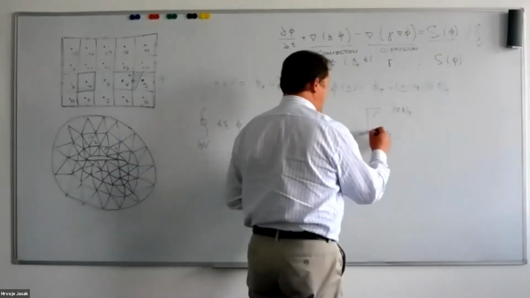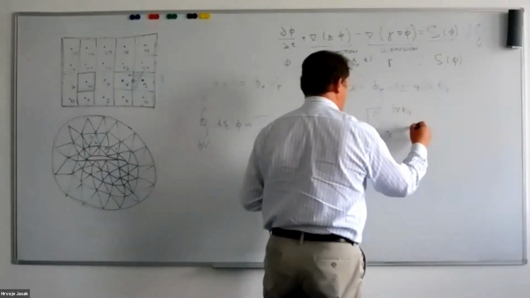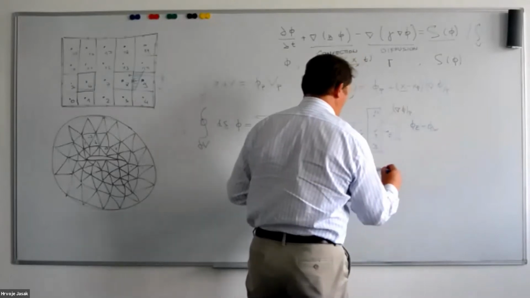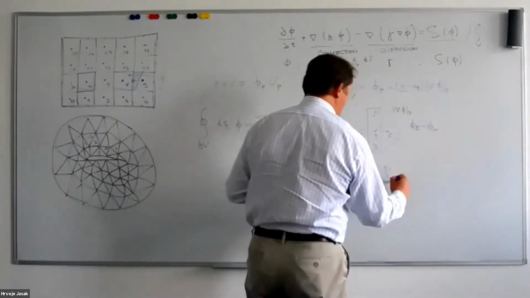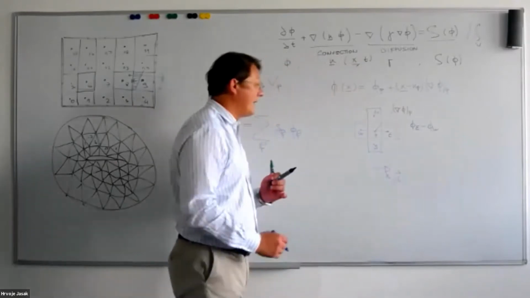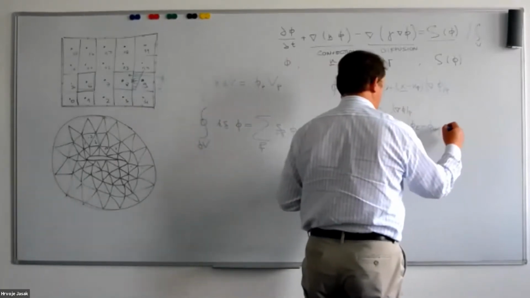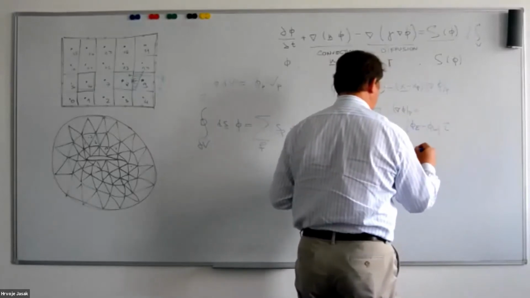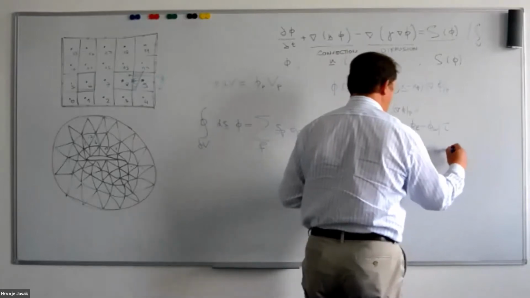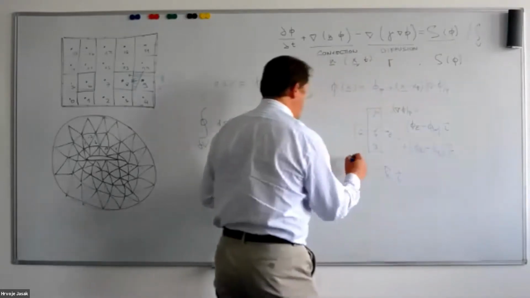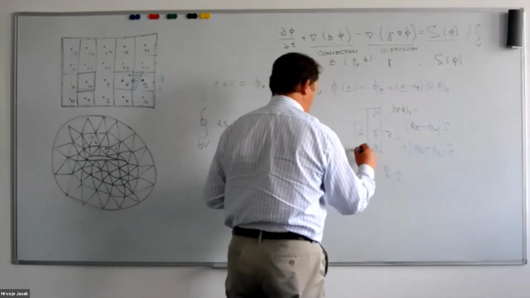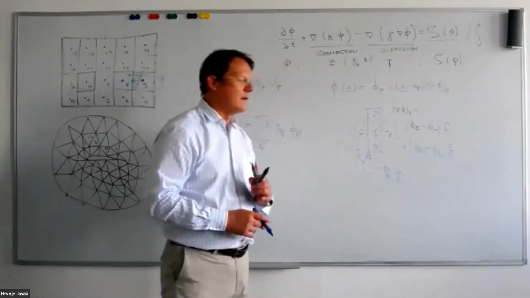So I can describe the gradient as phi east minus phi west in the x, or if you like, I direction, plus phi north minus phi south in the j direction, where my j vector represents the y direction.